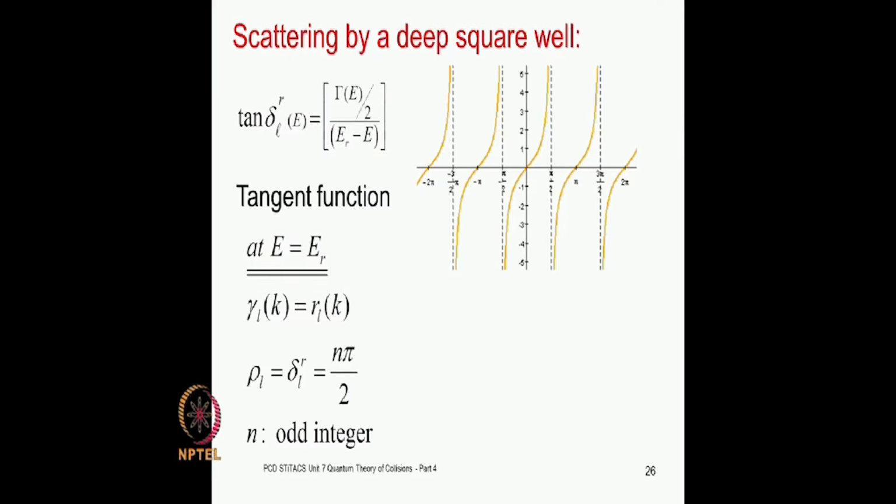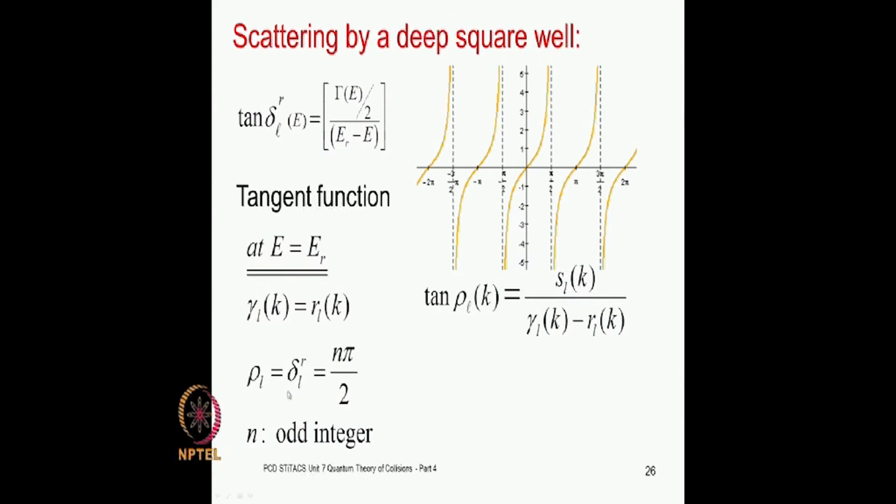The net phase shift is separated into the background part xi and the resonance part delta. So this phase shift rho, which is the part of the phase shift other than the background, when it is specifically at the resonance, we use a specific symbol for it, which is delta with a superscript r. So this is nothing but rho at resonance, and this will be n pi by 2.